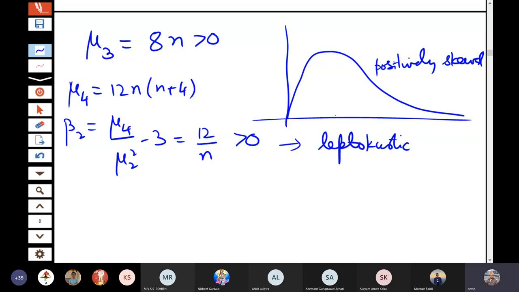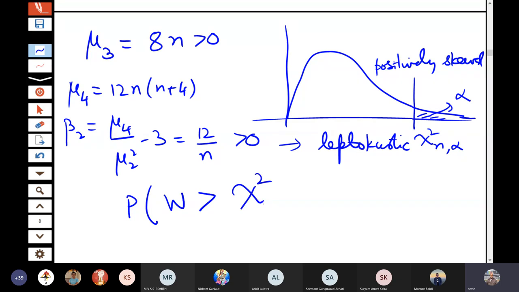Another thing is regarding the points on the curve. Like the tables of the normal distribution, the tables of the chi-square distribution are also available. So if this probability is alpha, then this point is called chi-square n alpha. That means the probability of W greater than chi-square n alpha is alpha.